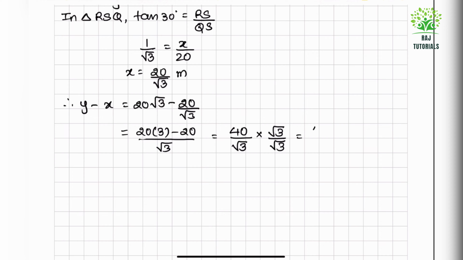So this will be 40 by root 3, and if I rationalize the denominator, I will have 40 root 3 by 3.